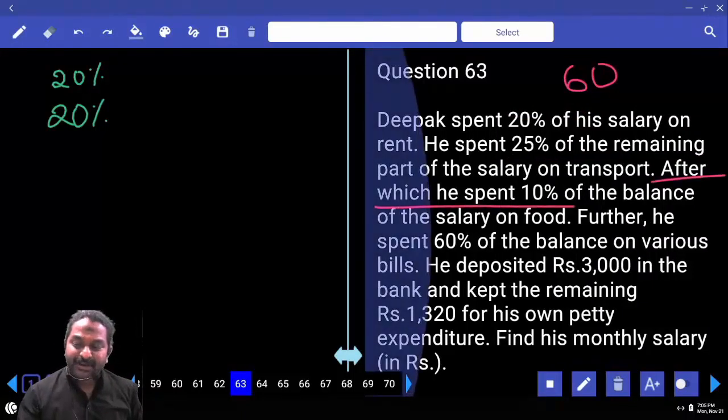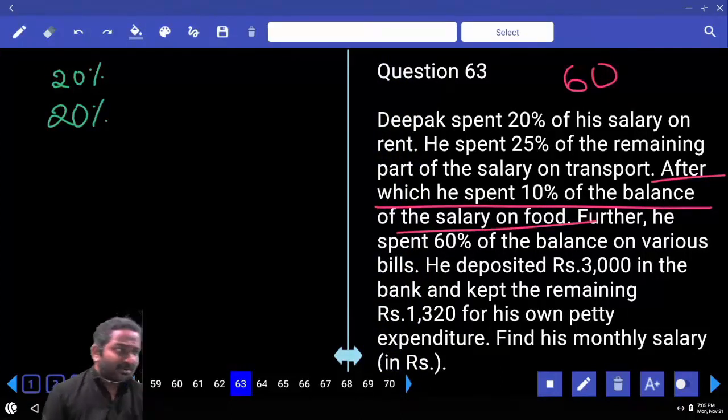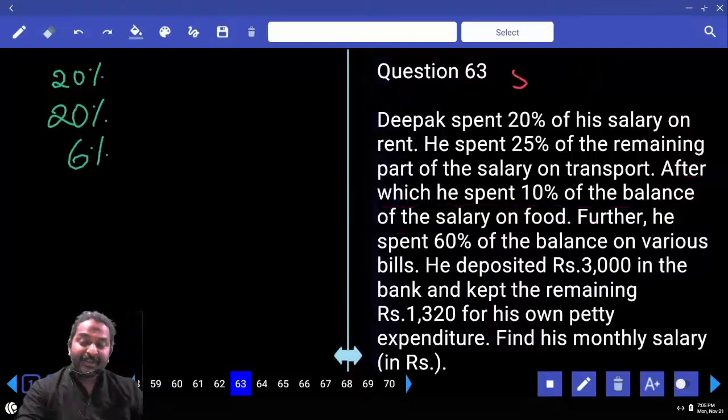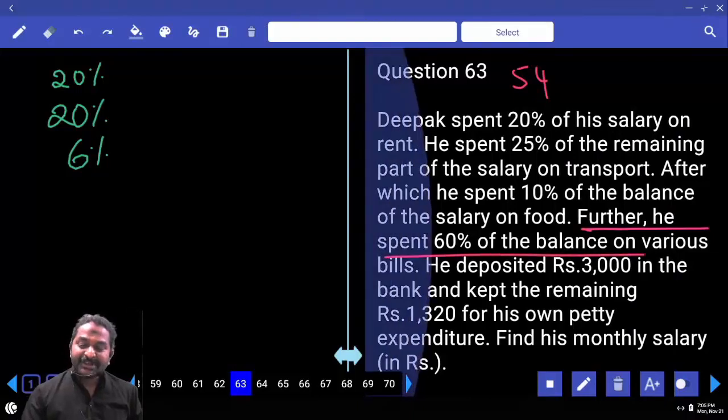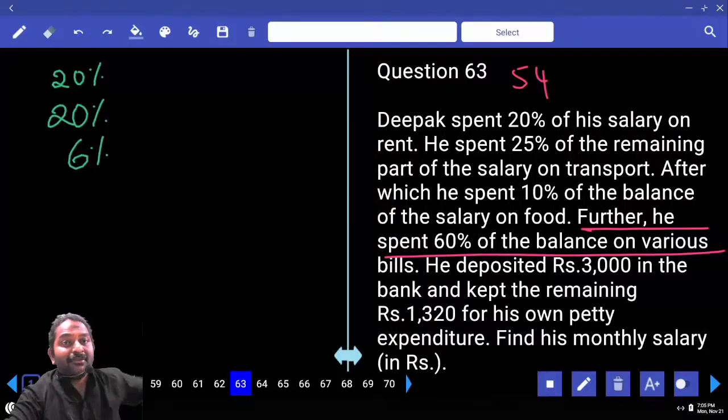After which he spent 10% of the balance of the salary on food. So 10% calculated on 60. How much is that? 6. How much is left? 54. Next, further, he spent 60% of the balance. What is the balance now? 54.